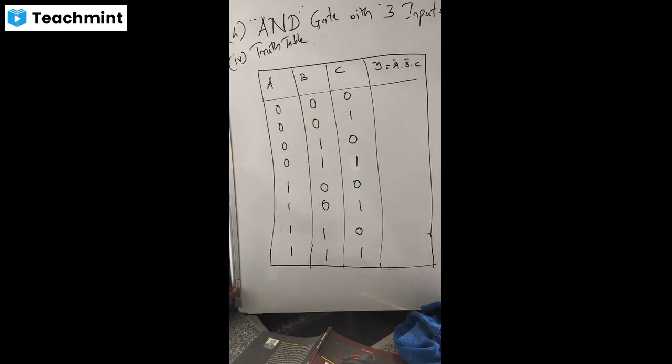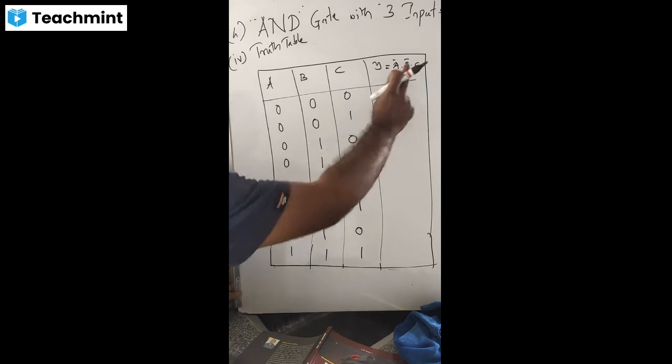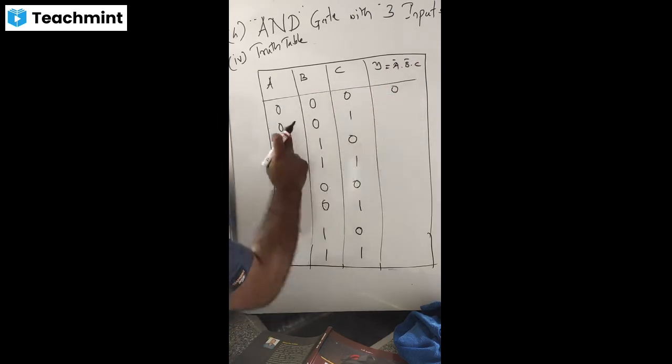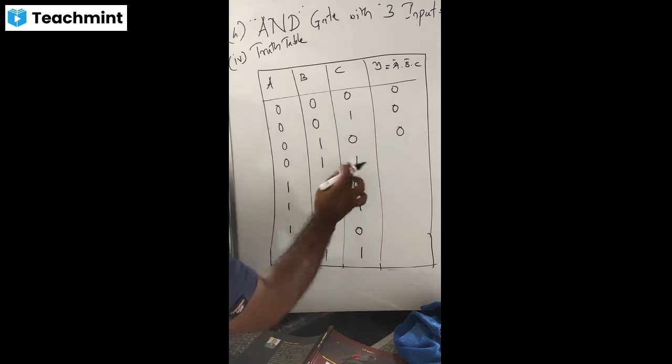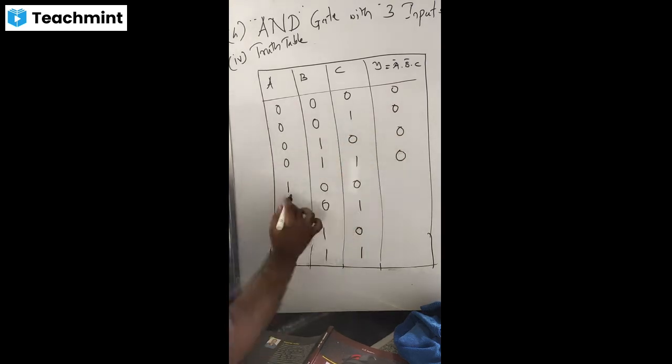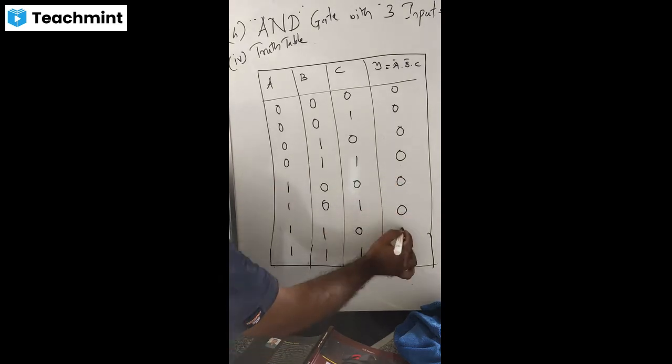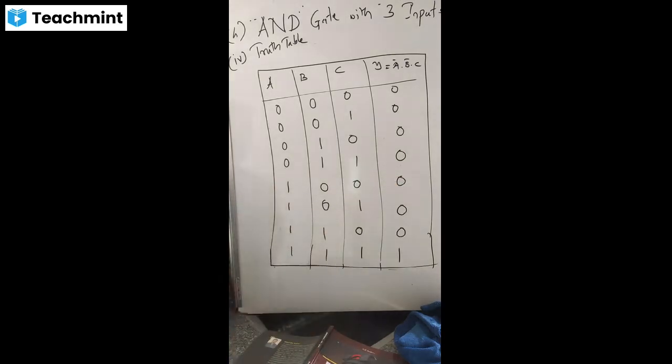Since it is AND, you need to multiply. 0, 0, 0 multiplication 1, even if you have 1, there is 0 here, so the answer is 0. Lastly 1.